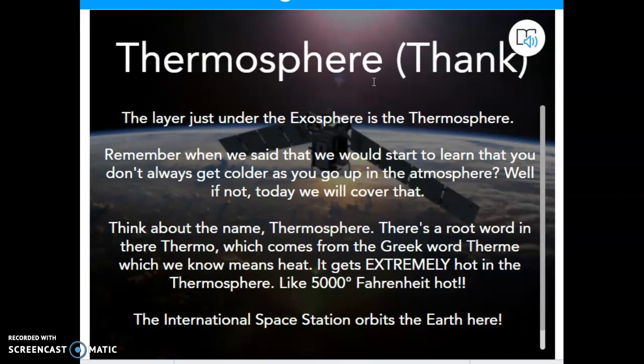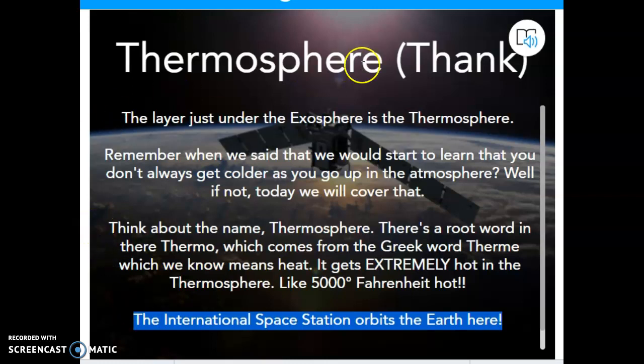I know for a while people think the higher you go, the colder you get. But we even said during first quarter that's not necessarily always true. If I'm taking notes, however, on the thermosphere, I am jotting this down. The International Space Station orbits the Earth in the thermosphere.